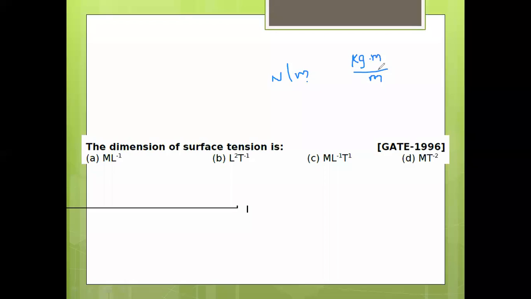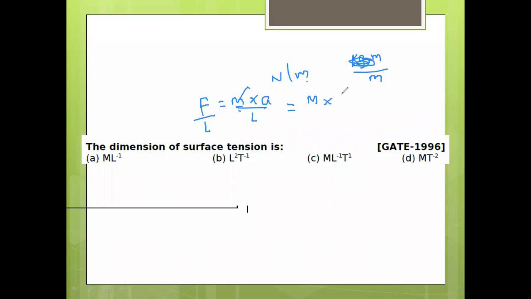Now here, this Newton is nothing but force. Force is nothing but mass into acceleration. So instead of this, force per unit length, that is L. Mass m will be as it is.